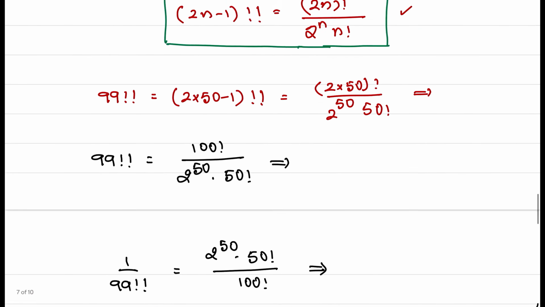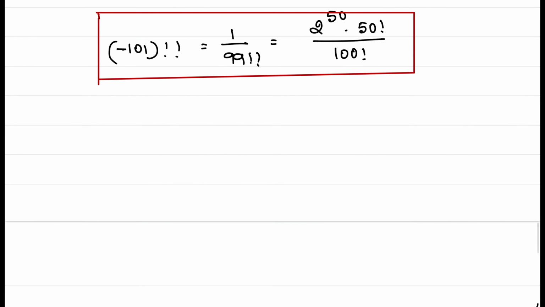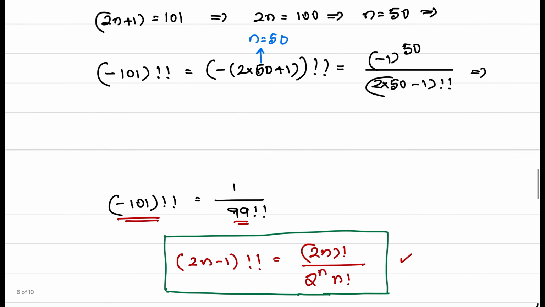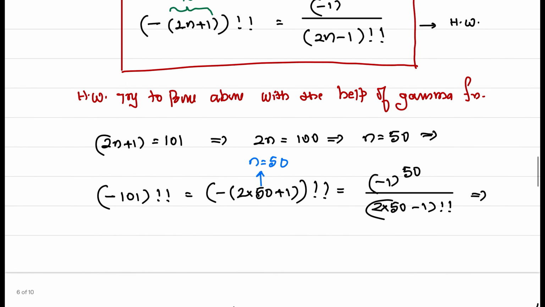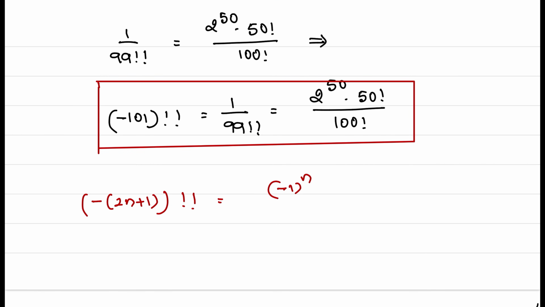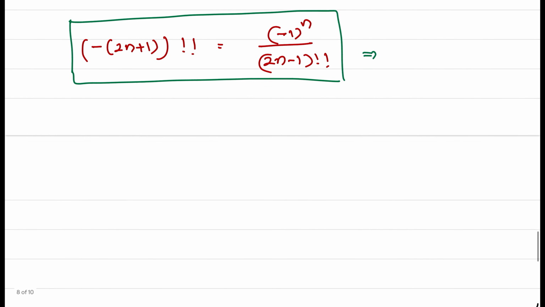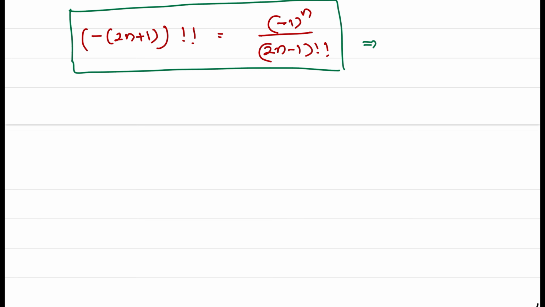The two important formulae which we have deduced are these, in which 2n minus 1 is not defined for the first, and we have to use these two formulae together.